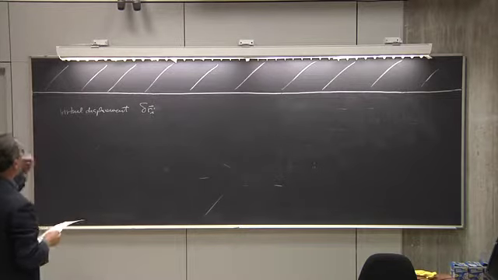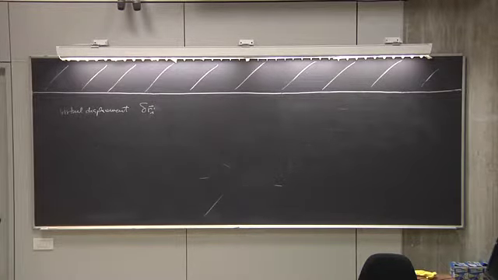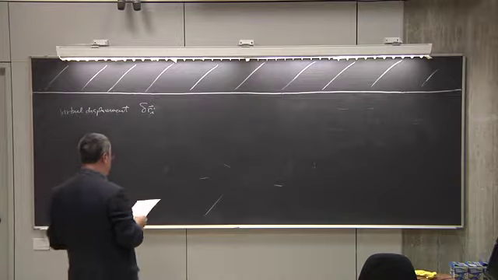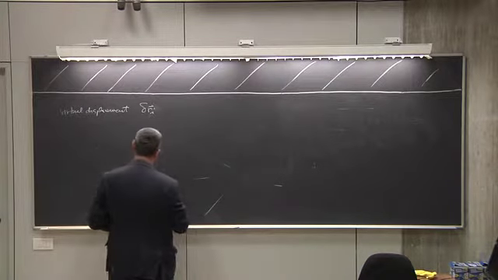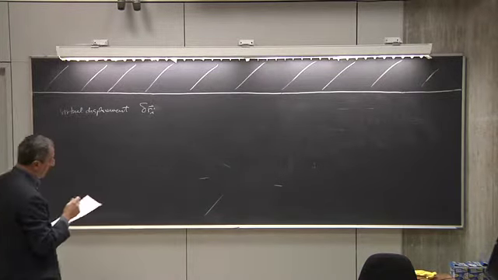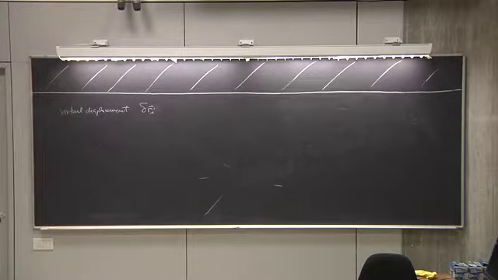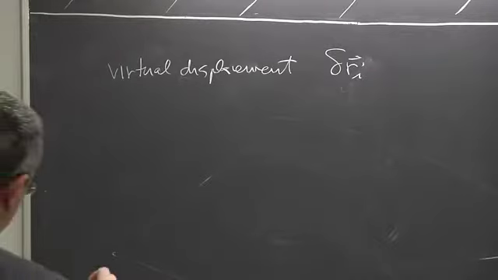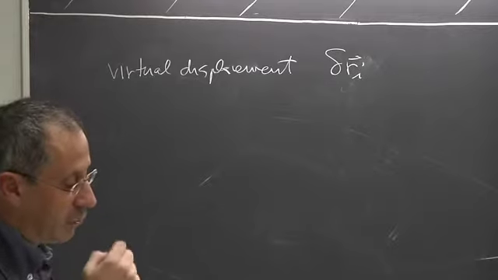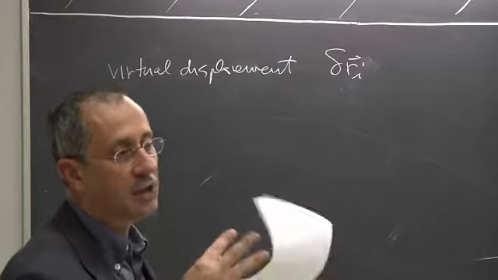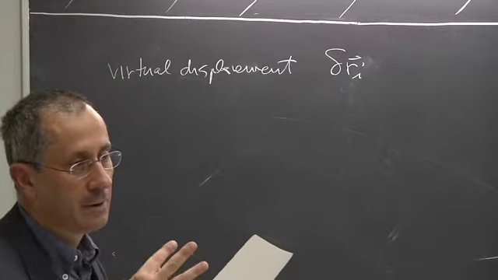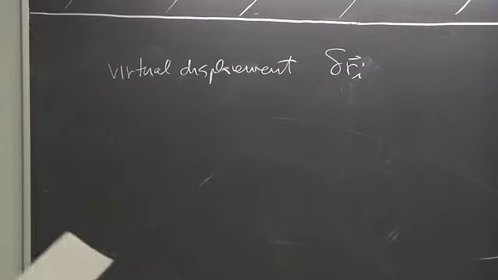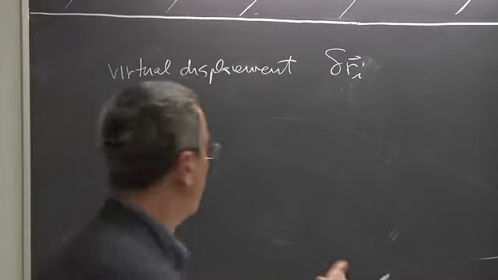So it's a small displacement, but it's not just a displacement. It is called virtual because it is a change in the system configuration that is consistent with all the forces and the constraints frozen at the initial time. So why do I get so excited about this? Because this is not so obvious.